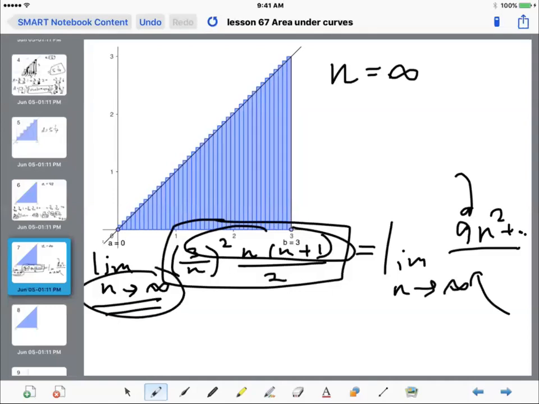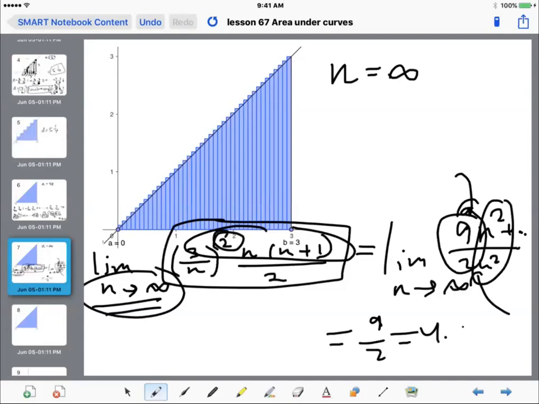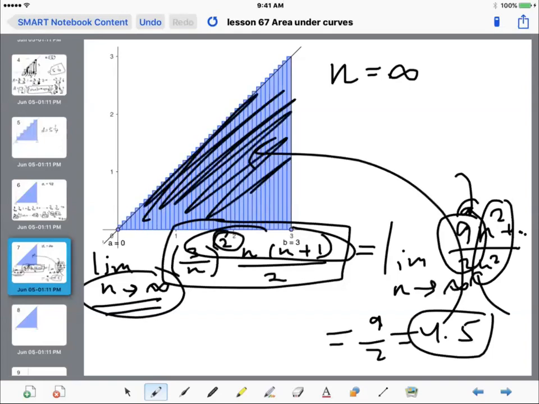And what's the leading coefficient of the denominator? It's 2n squared, because this squared here is part of it. And this has an answer of 9 over 2, because these powers are the same, so you take the ratio of the coefficients, which is 4.5. And 4.5 is the exact area of that triangle. Well, seems like a lot of work to get the area of a triangle.